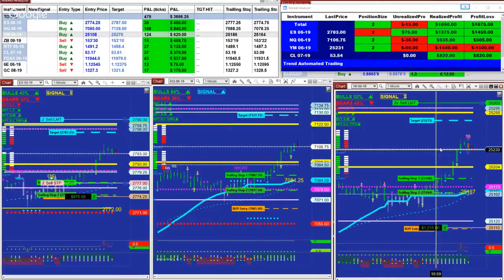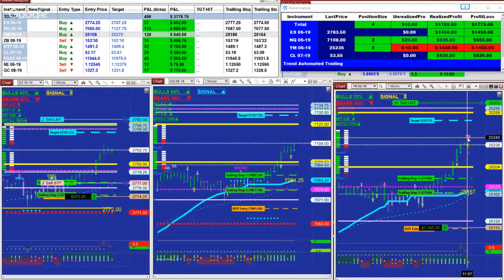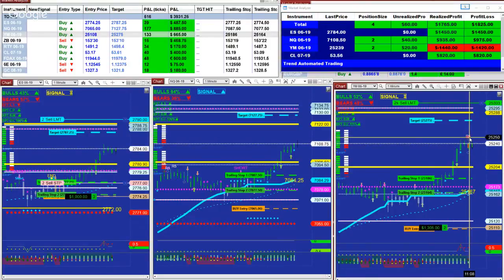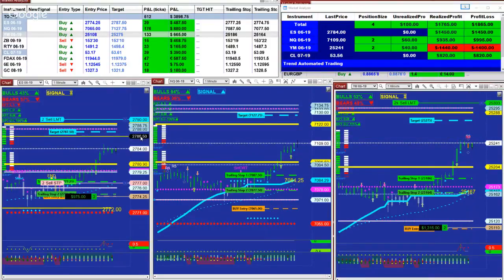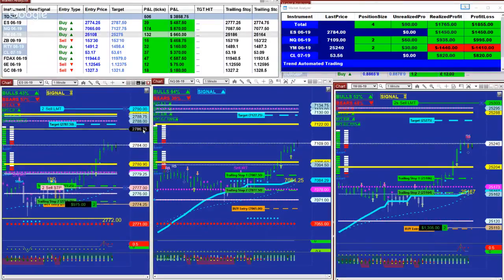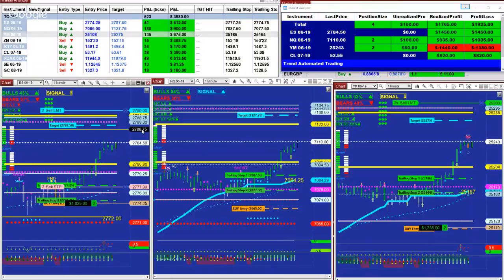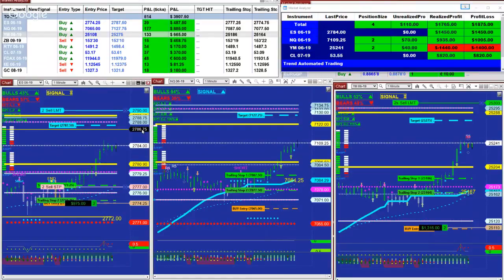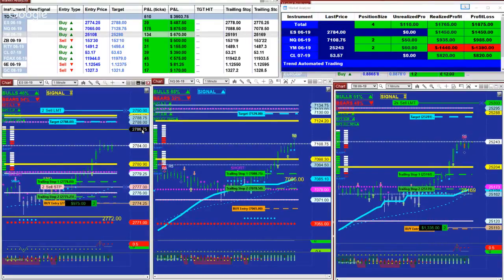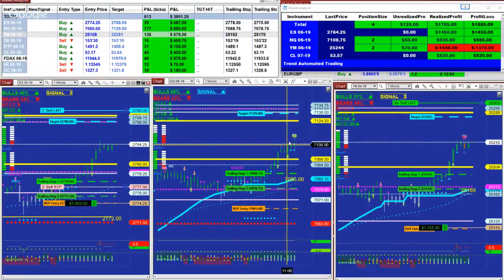As you see, fired reversal on the YM. Also Nasdaq reversal.